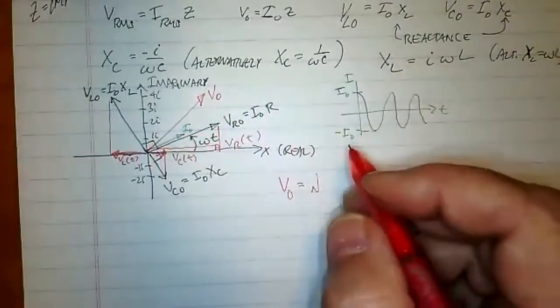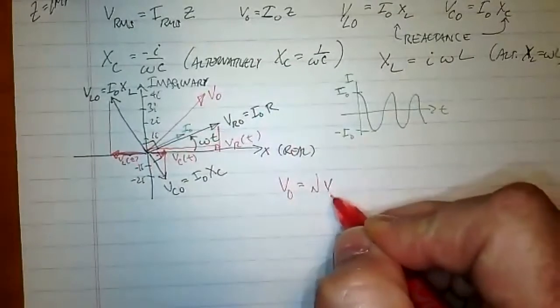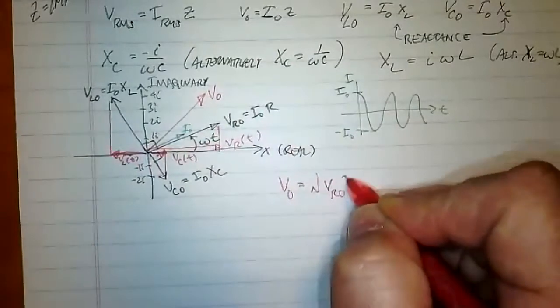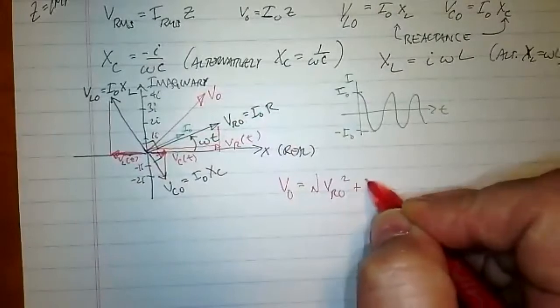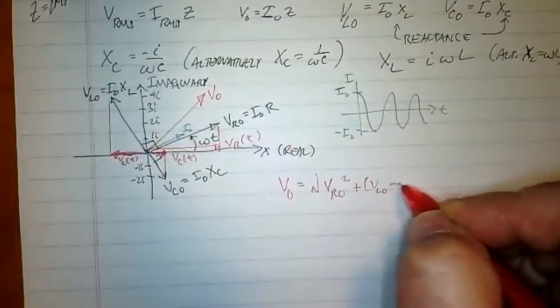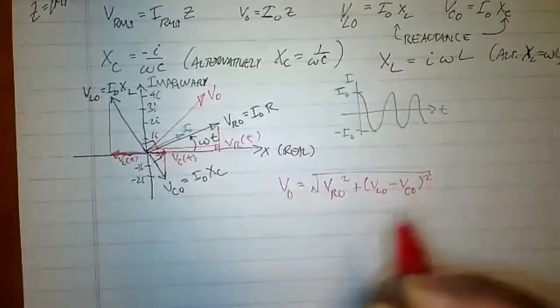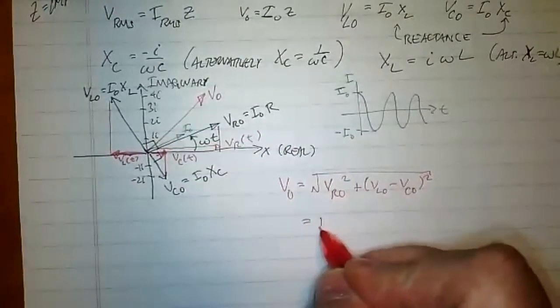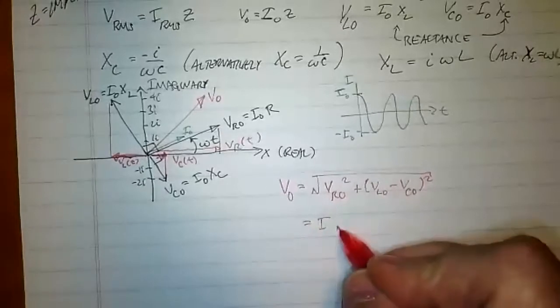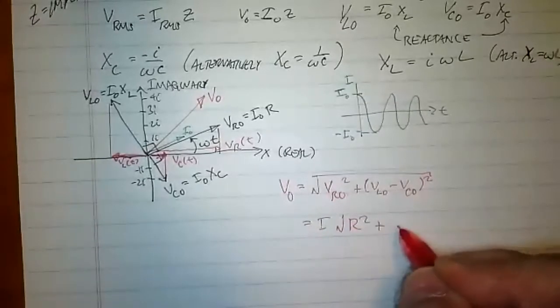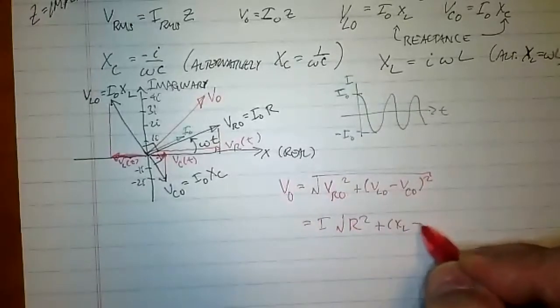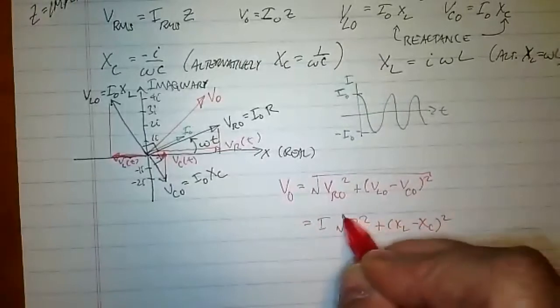So ultimately what we get is VR0 squared plus VL0 minus VC0 squared, which becomes I times the square root of R squared plus XL minus XC squared.